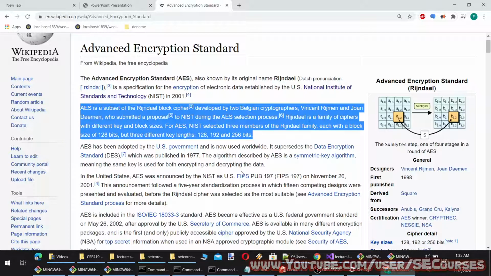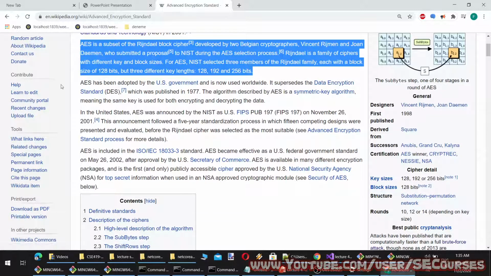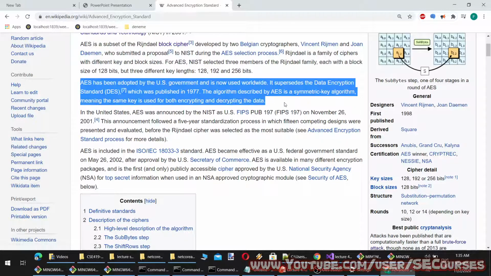AES is a subset of the Rijndael block cipher, developed by two Belgian cryptographers, Vincent Rijmen and Joan Daemen, who submitted a proposal to NIST during the AES selection process. Rijndael is a family of ciphers with different key and block sizes. For AES, NIST selected 3 members of the Rijndael family, each with a block size of 128 bits, but 3 different key lengths: 128, 192 and 256 bits.